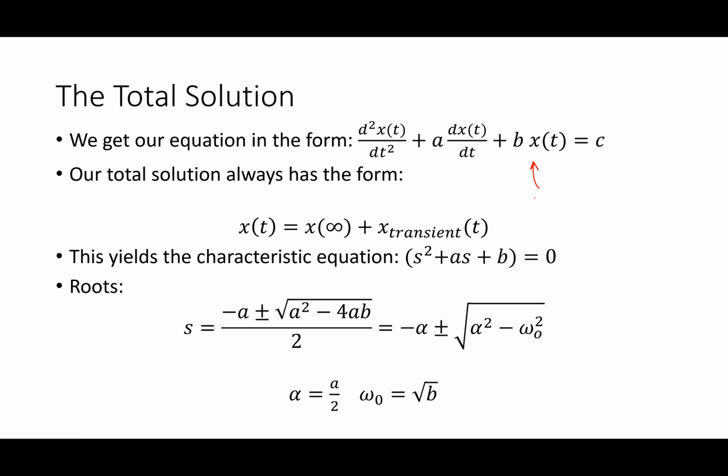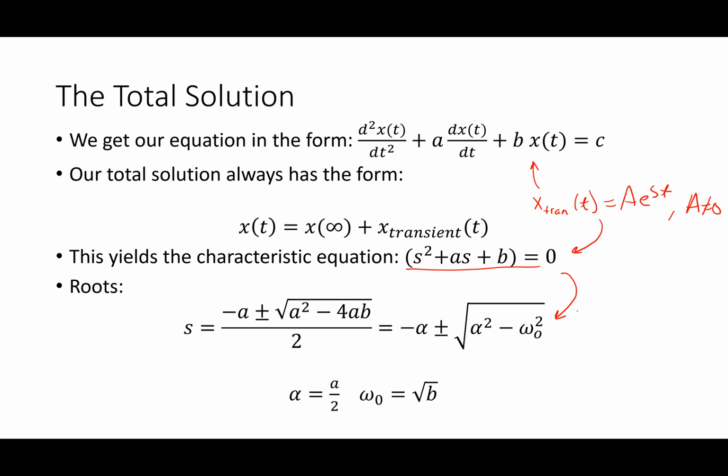But basically, we guess that the transient solution is A e to the st with A not equal to 0. You put that into what we call the homogeneous equation, meaning you set the equation equal to 0, and you get this polynomial. That polynomial has two roots, right? How do we know that it has two roots? Well, it's quadratic, and so we end up with this formula here.